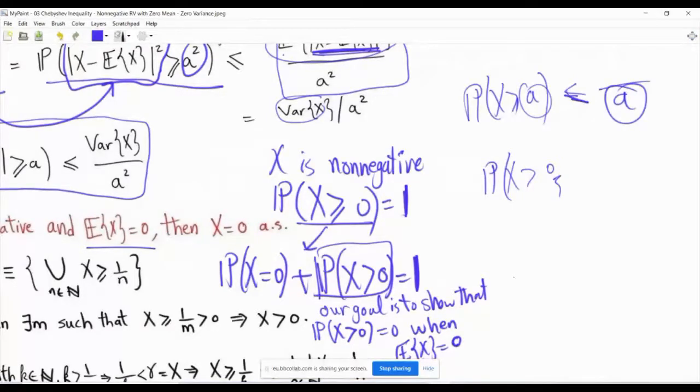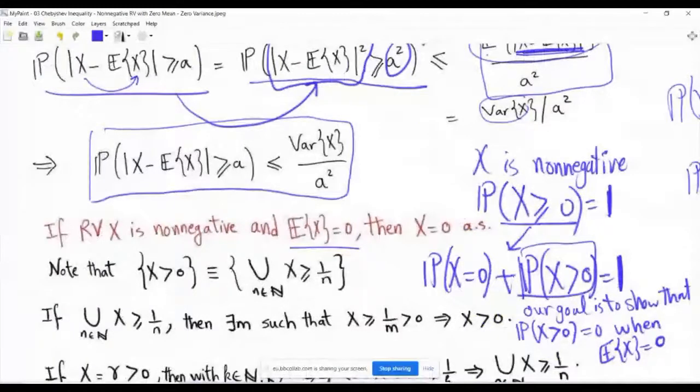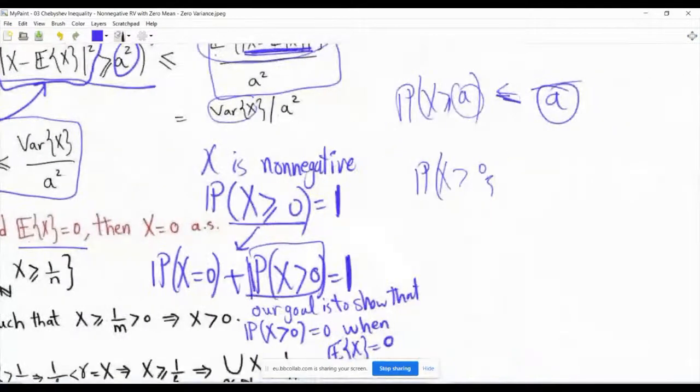Note that the statement is independent of the distribution, so here we just know that x is some non-negative random variable. So we have to use Markov, but again Markov is not ready, because the threshold is 0, and a threshold of 0 in Markov inequality makes the upper bound infinity.